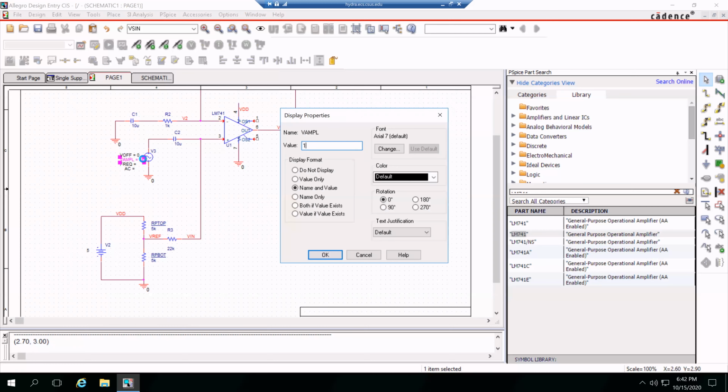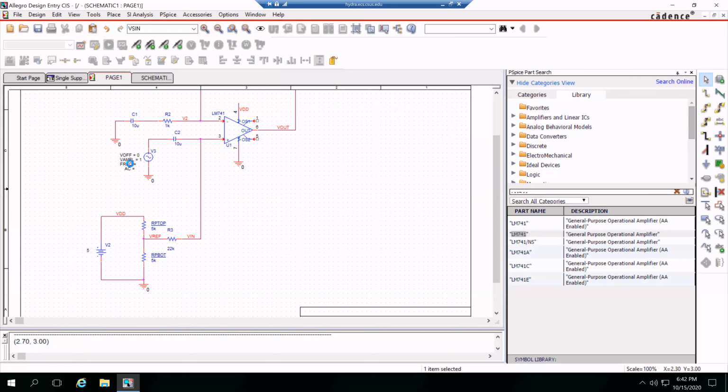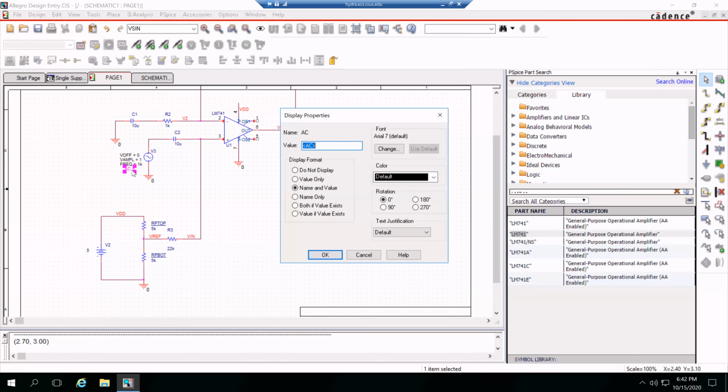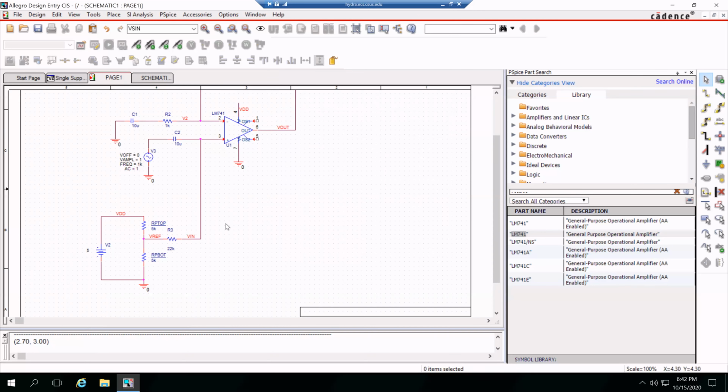Actually, I don't want 1,000 volts for an amplitude. I just want one. Okay, 1K. We'll set AC to 1. Okay, so now we have a complete circuit now.